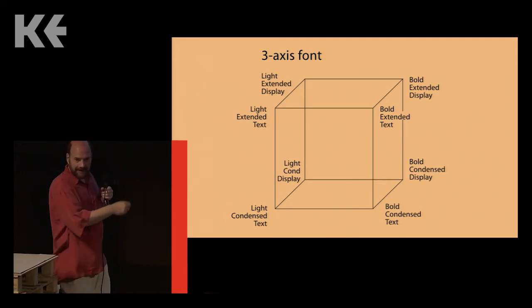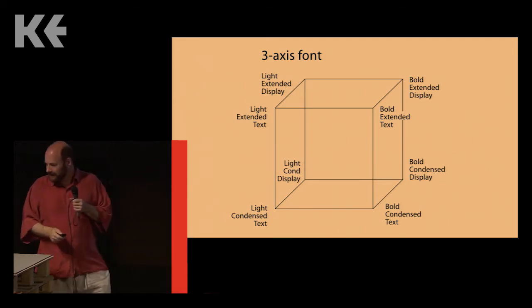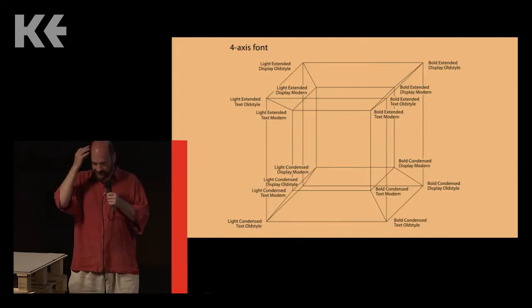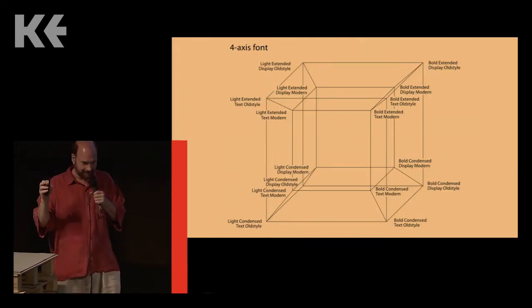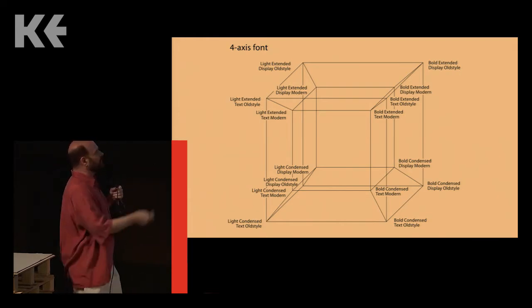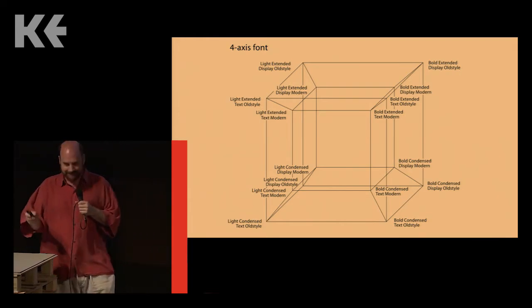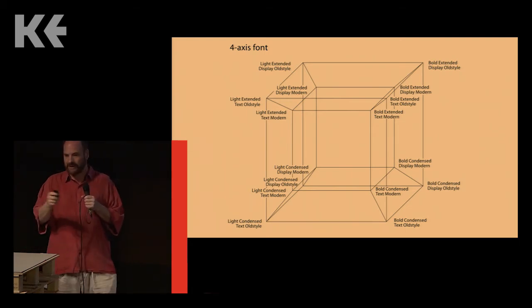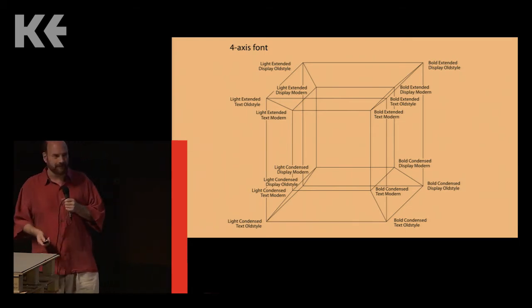It could be like a cube. That's fine. Now, as soon as you get past 3 axes, this is where people's brains start exploding. I can't even draw a hypercube very well, but just pretend that there's two cubes. Actually, the other way to do it is to think about a cube that changes over time. I like that version.